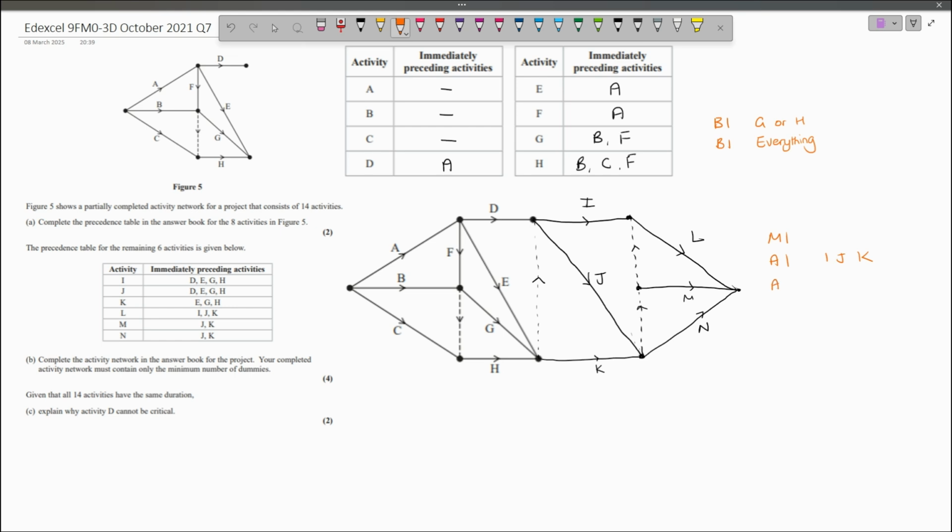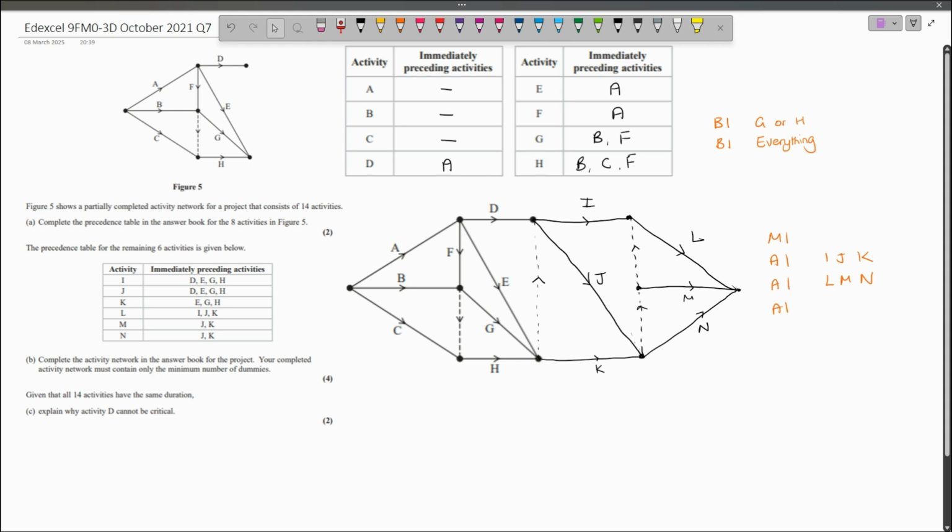You've got another accuracy mark for activities L, M and N with a second dummy with the arrows dealt with correctly. And then finally another accuracy mark for a correct solution only. So all arrows present for each activity with 1 finish and exactly 3 dummies. It isn't a unique solution, so it needs to be checked very carefully. So that's the 4 marks.